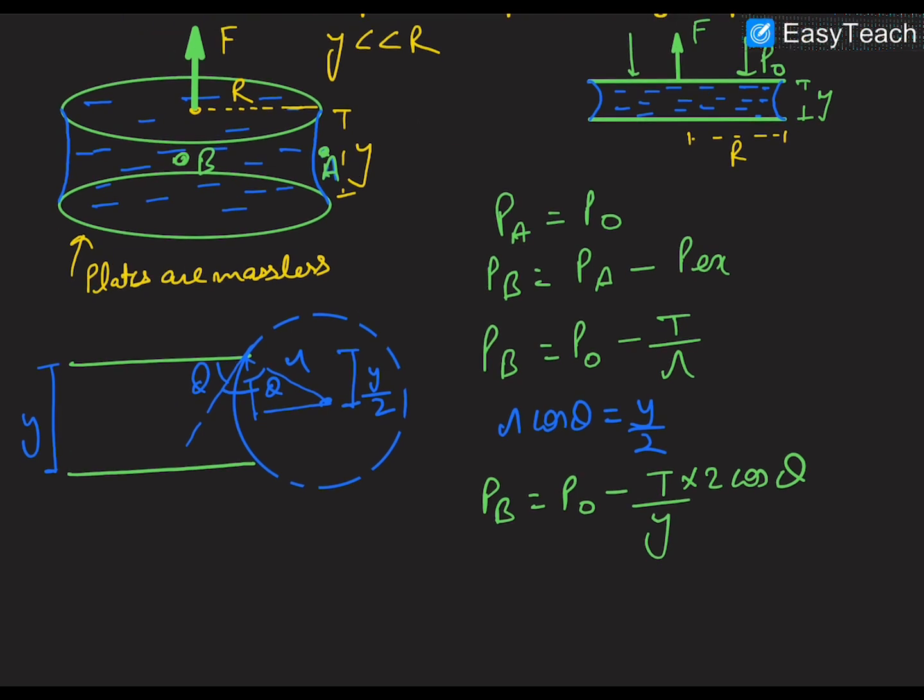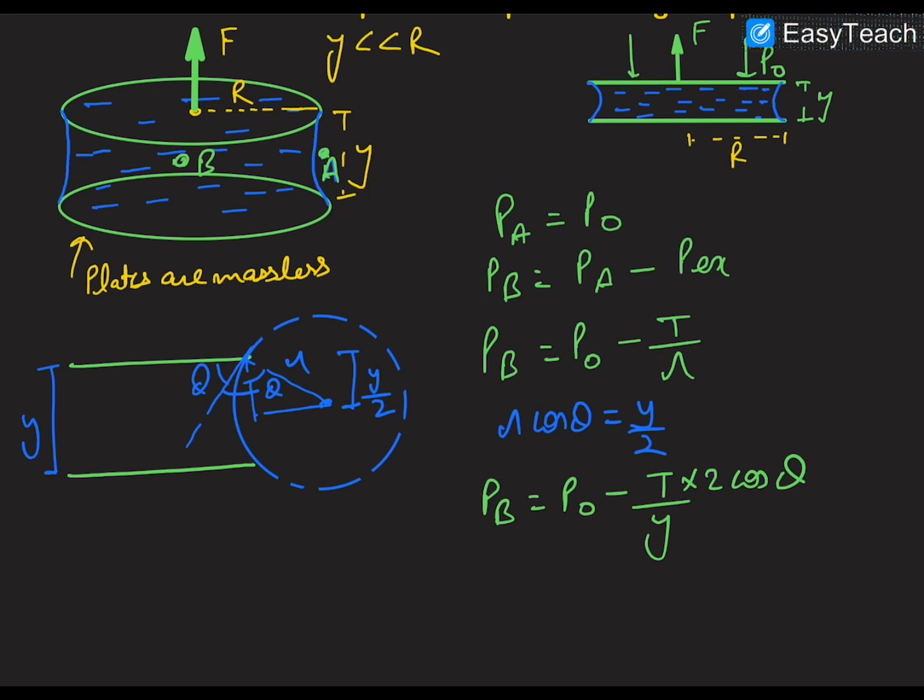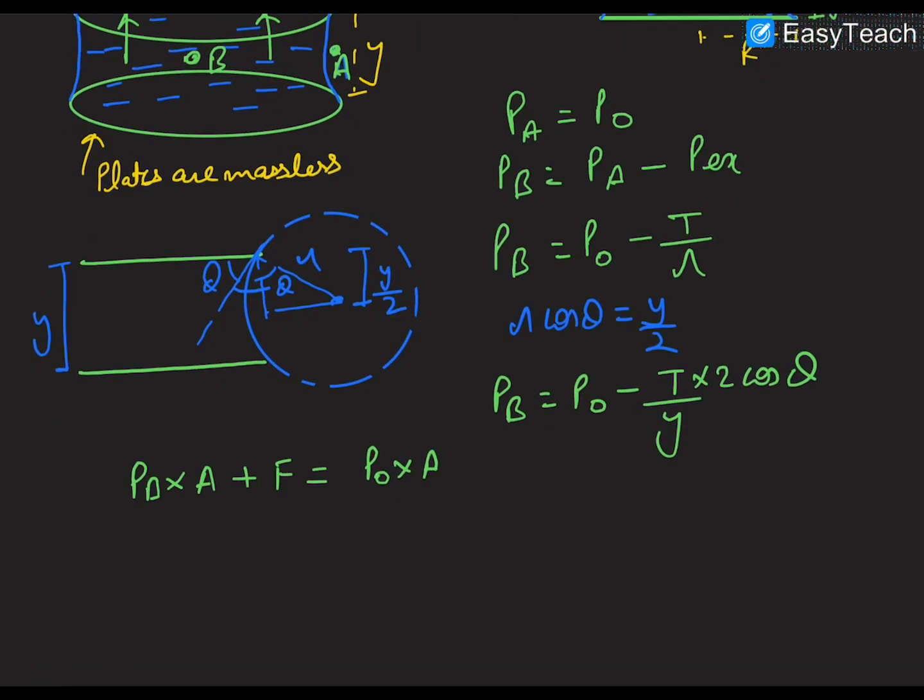So we can establish the equilibrium, and we can say that the force applied by the pressure at the bottom of this upper plate will be PB into area of the plate A, and this force accompanied by F will be trying to pull this plate apart from the lower plate, and this will be opposed by the atmosphere, so it would be equal to P naught into A. So we can say that PB plus F by A will be equal to P naught, and P naught minus PB will be equal to F by A.